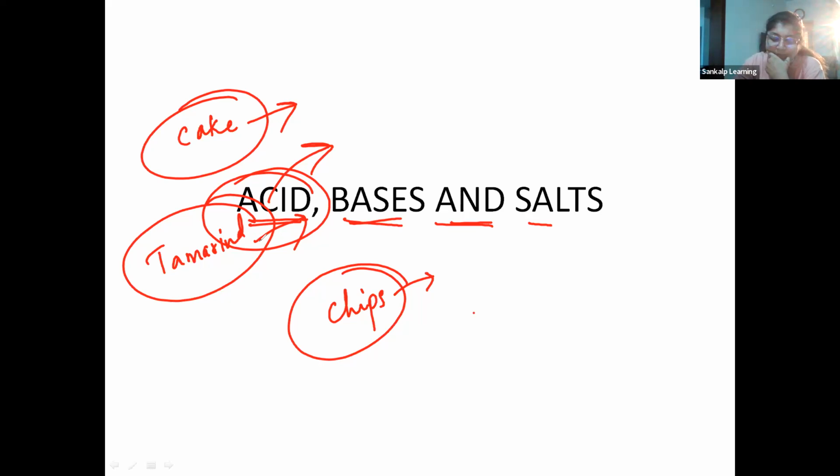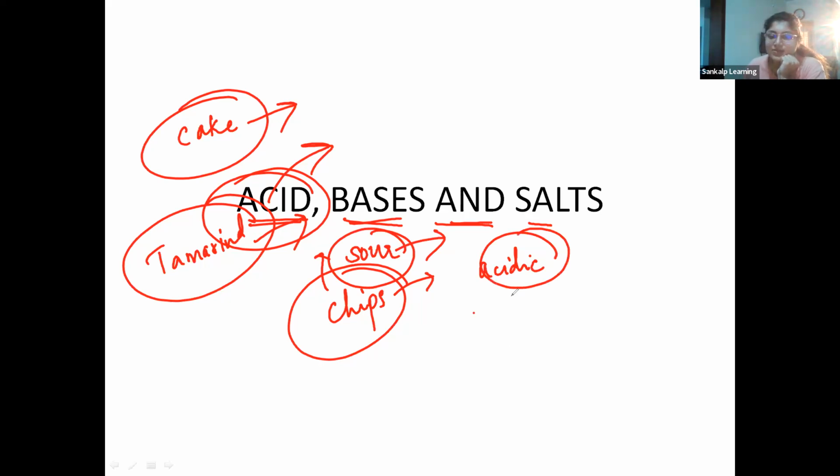The chemical nature of such substances, because they show sour taste, is that they are said to be acidic.